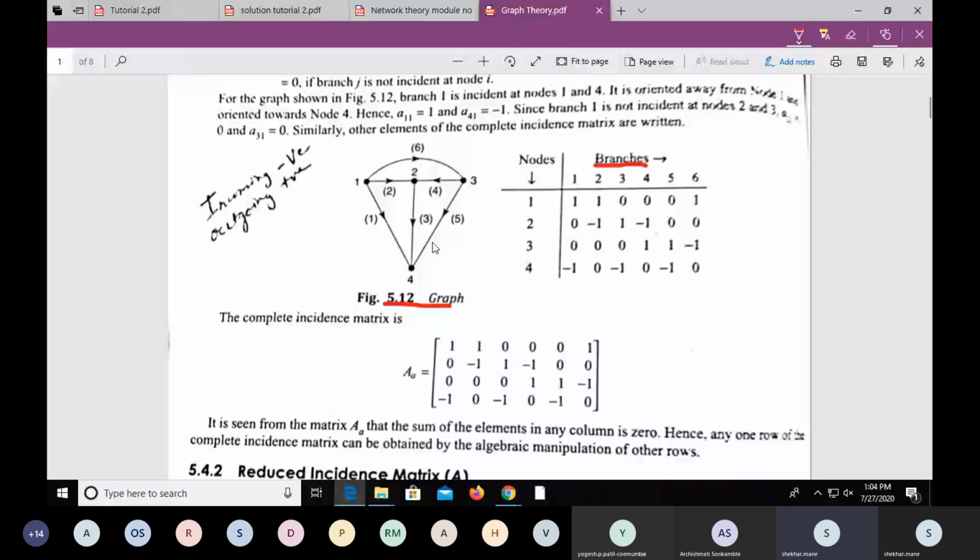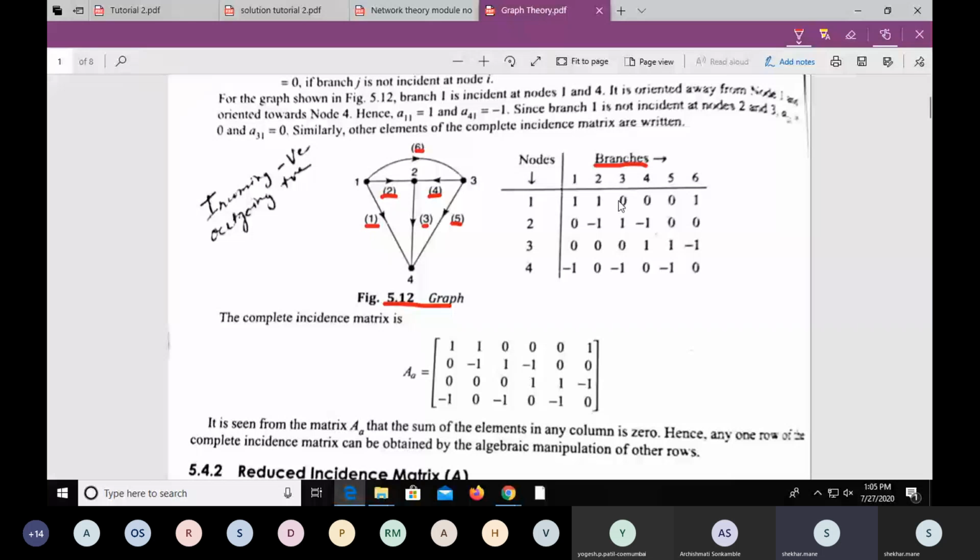This is branch 1, branch 2, branch 3, branch 5, branch 4, and this branch 6. So 6 branches and 4 nodes are there. So write nodes in this way: node 1, node 2, node 3, node 4, and write these branches as columns: branch 1, branch 2, branch 3, 4, 5, 6.